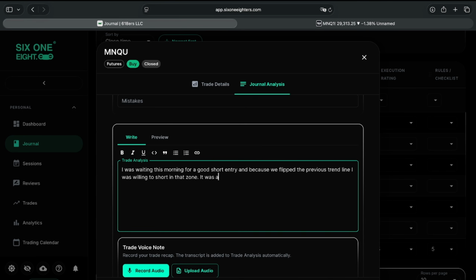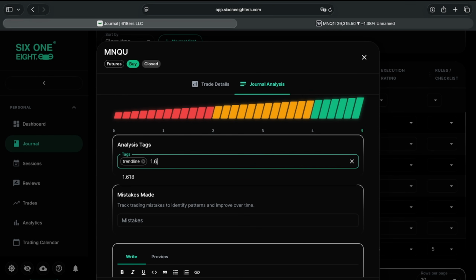It was also a 1.68 projection. So I'm going to put this also here because I like to have this data here.